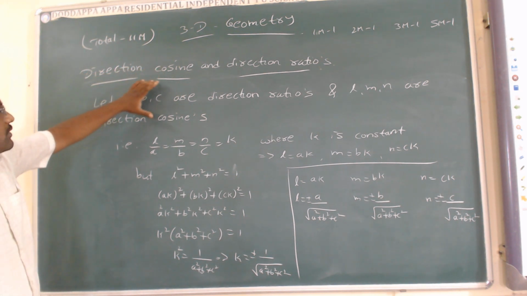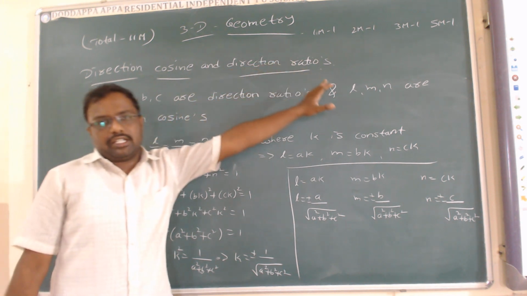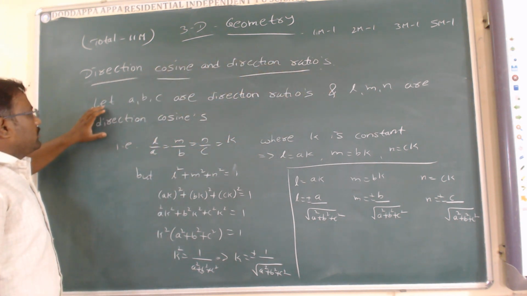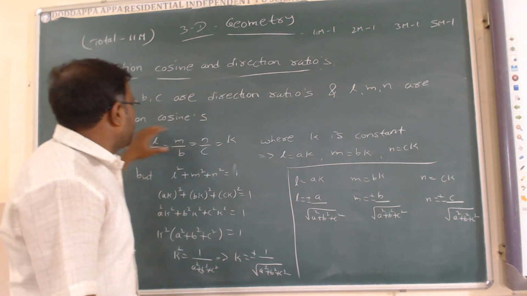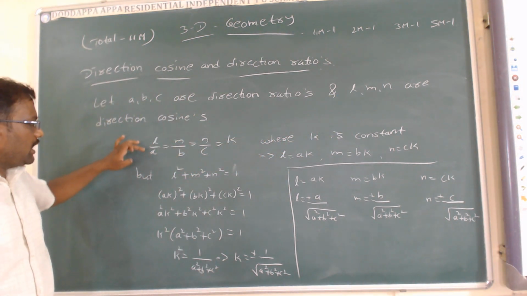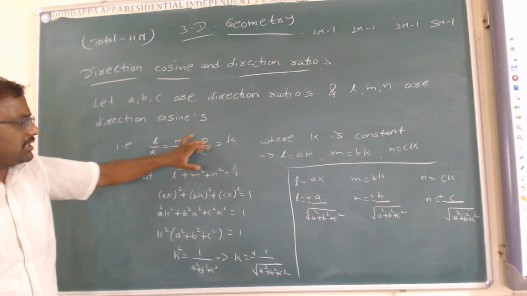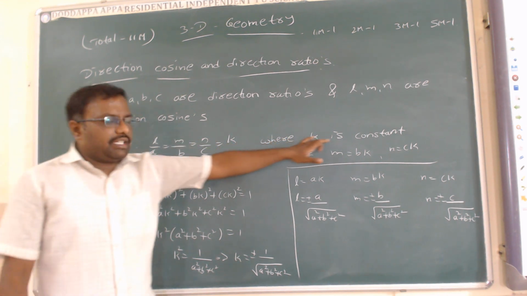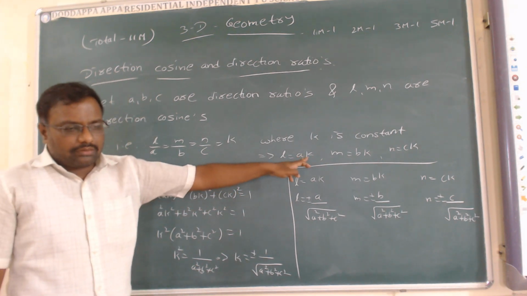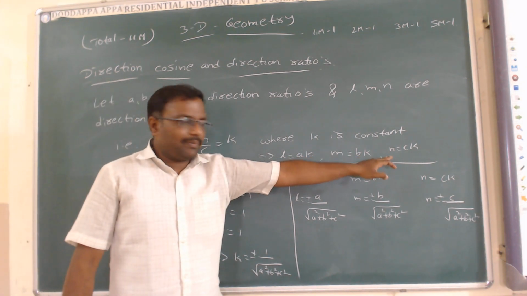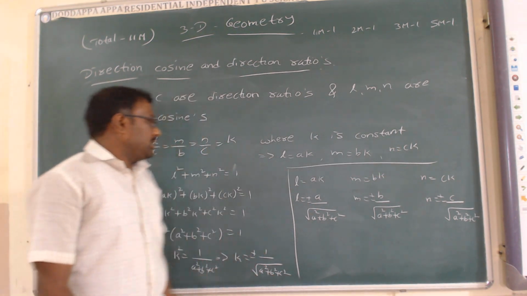Okay, once again I will repeat. Here we studied the first concept, direction cosines and direction ratios. We know that a, b, c are direction ratios and l, m, n are direction cosines. Then l by a is equal to m by b equal to n by c is equal to k, where k is a constant. So you can take l is equal to ak, m is equal to bk, n is equal to ck.